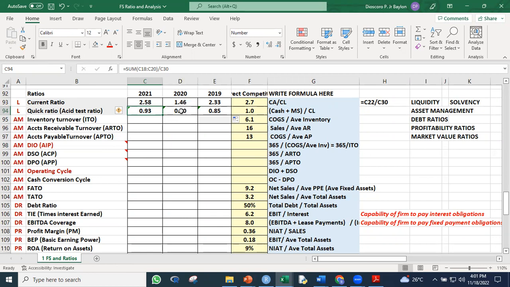We can see here that in 2020 the performance was not good, and we pale in comparison with the direct competitor, who is at 1:1. For every current liability, they have one peso of quick current assets.